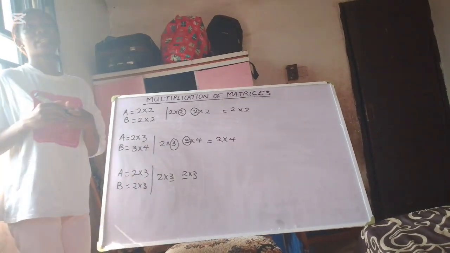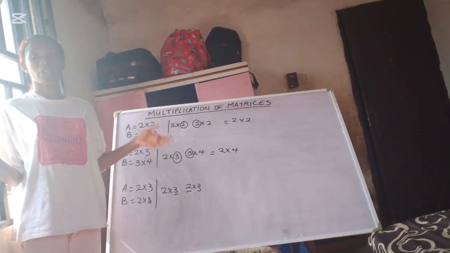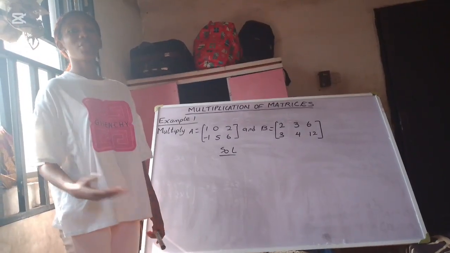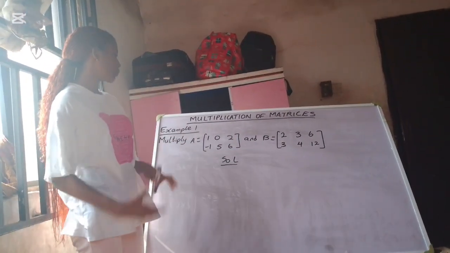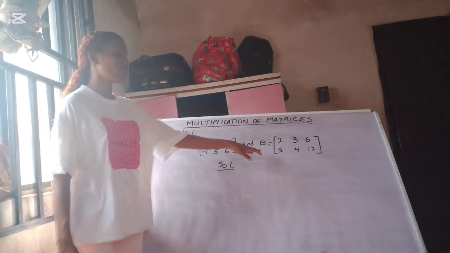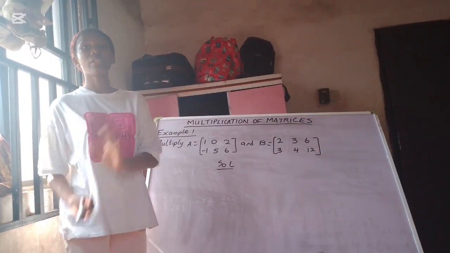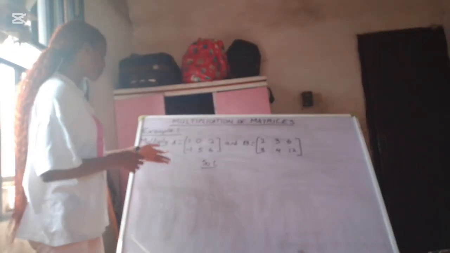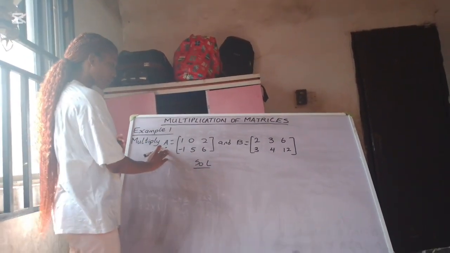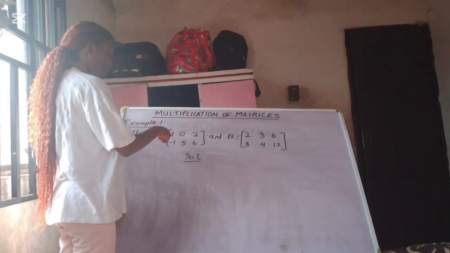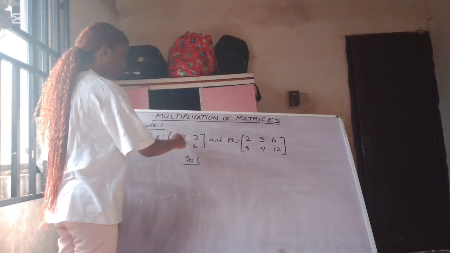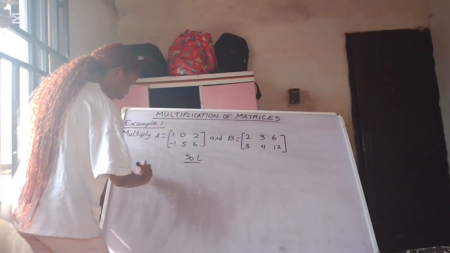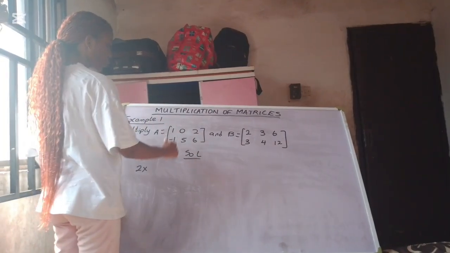So let's give an example whereby we multiply our matrices. So let's start off with this example. We are asked to multiply these two matrices. So like I said, let us first of all check if they can multiply each other. Now, let us check for our order here. In A, our order is number of rows 2 by number of columns 3.